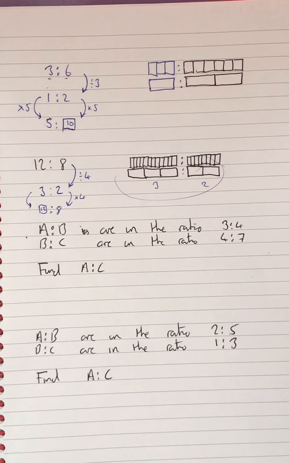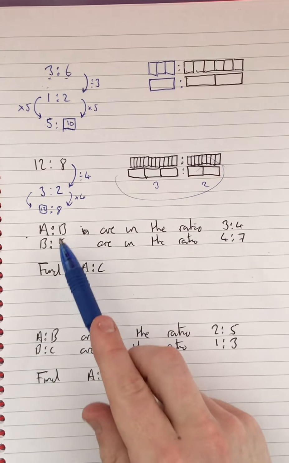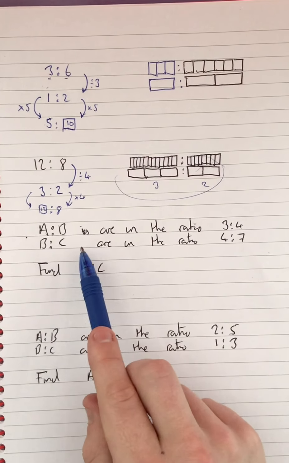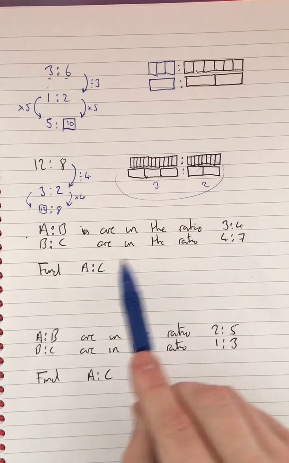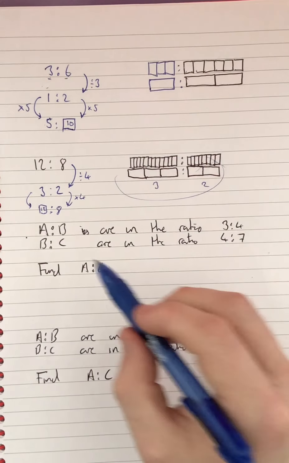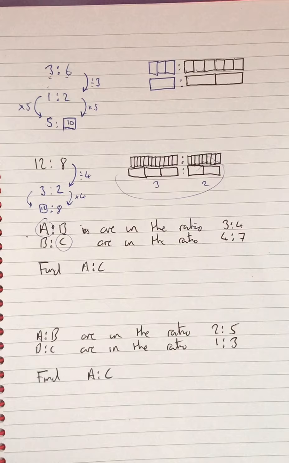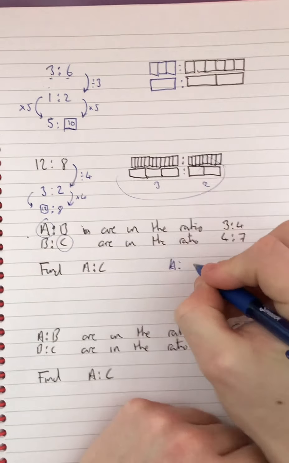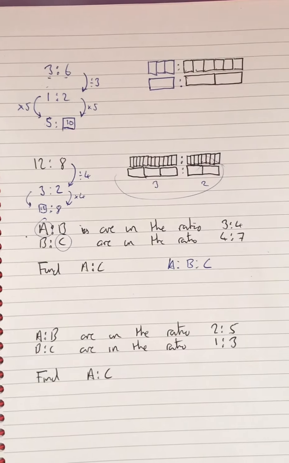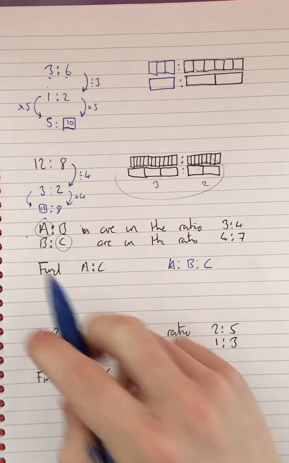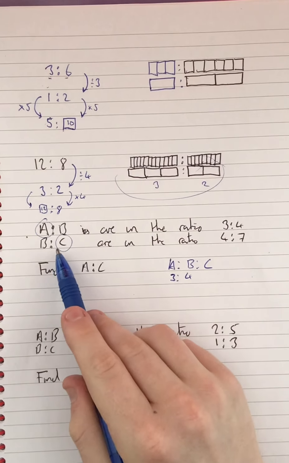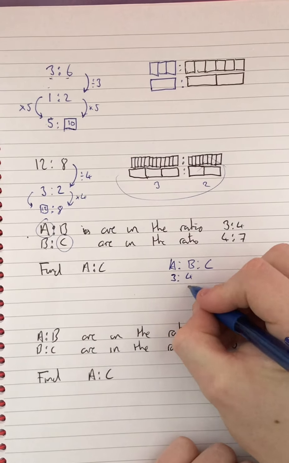Now, if we need to compare two ratios, so we're told A to B are in the ratio 3 to 4, B to C are in the ratio 4 to 7. Find A to C. So we need to find what the ratio is between these two parts. So what we do is we write A to B to C, and we fill in the parts we know. We know A to B is 3 to 4, and we know B to C is 4 to 7.